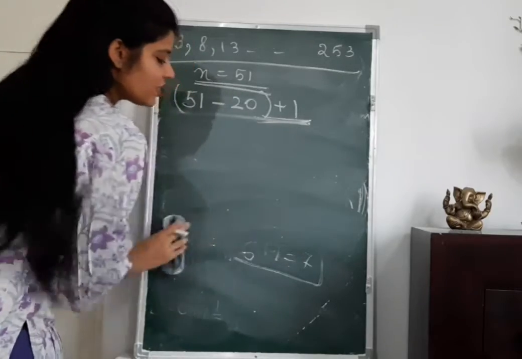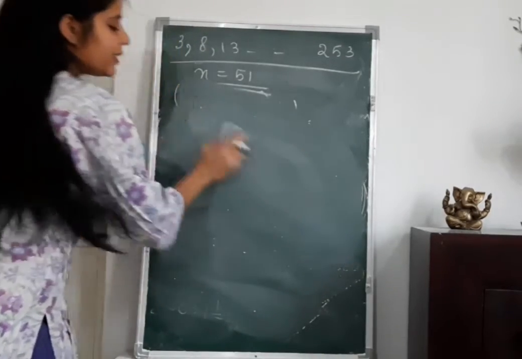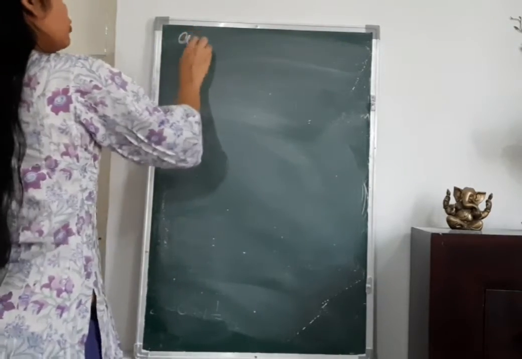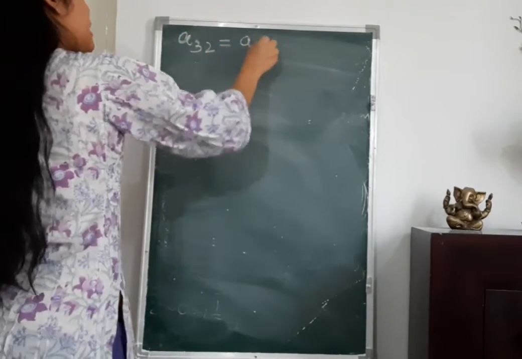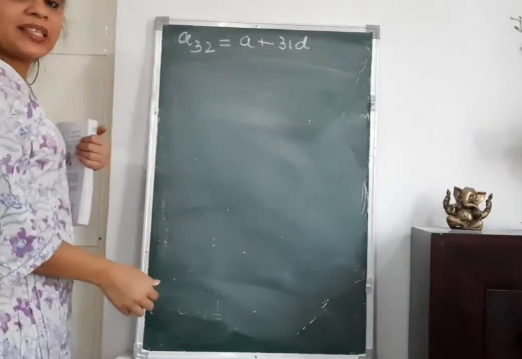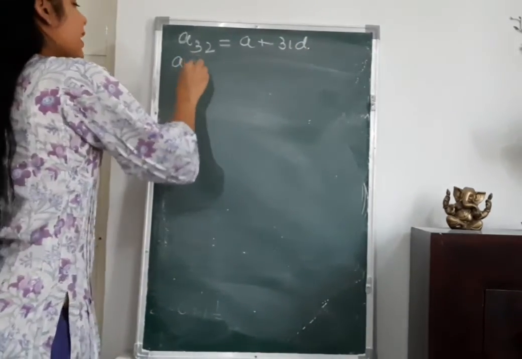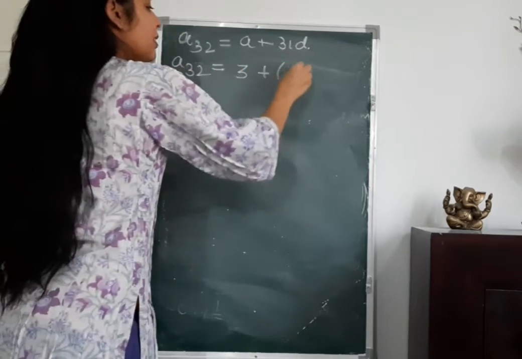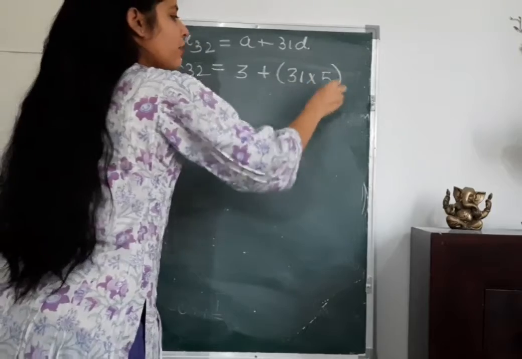Now I only have to find one thing, that is a_32. What will be a_32 for this? It will be a plus 31d, using the formula a_n is equal to a plus n minus 1 into d. a_32 is equal to 3 plus 31 into 5, right?